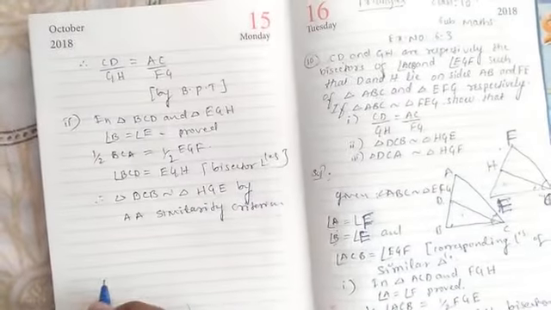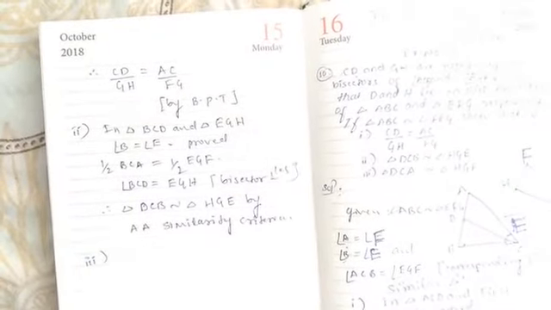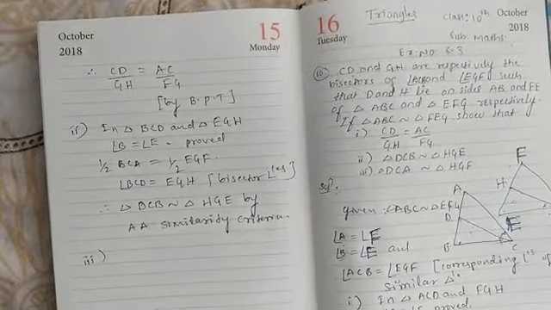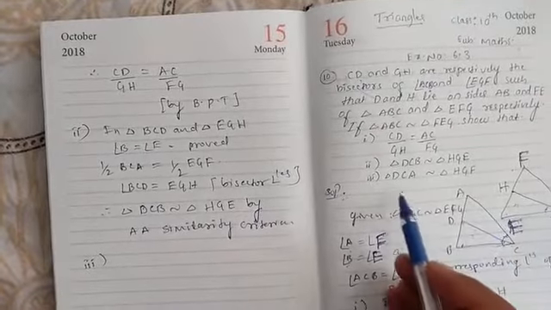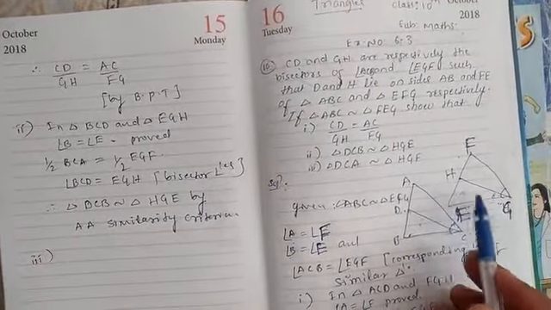This is the second one. Let's see the third one. See the opposite triangle, this one, triangle DCA. Triangle DCA is similar to triangle HGE.